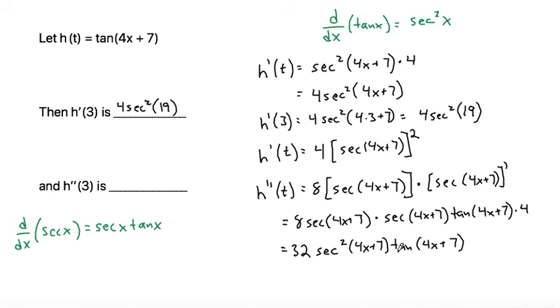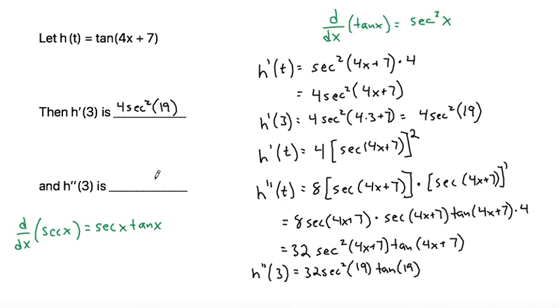So that would be our second derivative, but we're trying to find the second derivative at 3. So we need to plug in 3, and we get that h double prime of 3 is equal to 32 secant squared of 4 times 3 plus 7, and we know that is 19, so I'll go ahead and substitute that in: secant squared of 19 times tan of 19.